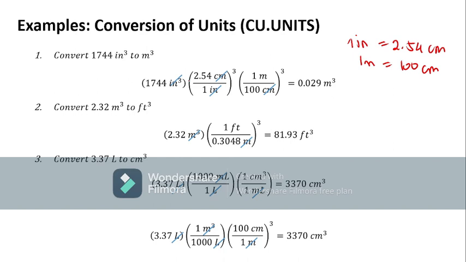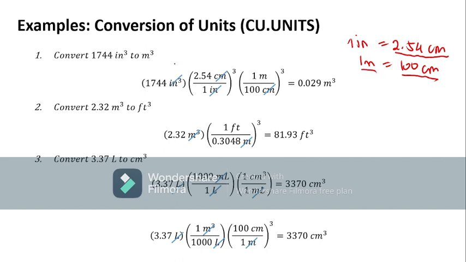So, inch, taas, dapat yung inch na to, nasa baba, denominator. So, ibig sabihin, the 2.54 should be in the numerator. Then, centimeter, nasa taas, dapat yung sunod. The next conversion factor, the denominator should contain the centimeter. So, yung 100 centimeter nasa denominator, the 1 meter should be in the numerator.